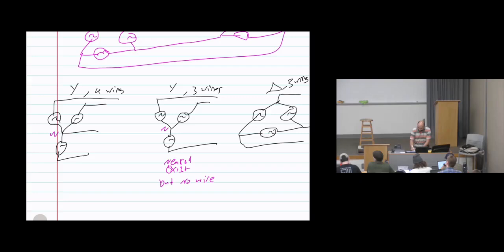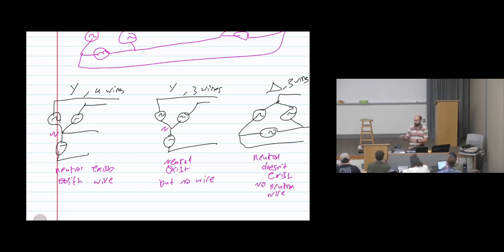With Y with 4 wires, the neutral exists with a wire. While for the last one, the neutral does not exist at all, which is delta. The neutral does not exist, and of course, no neutral wire as well.